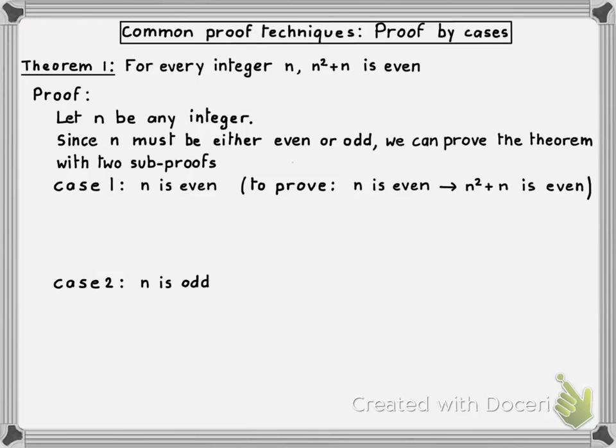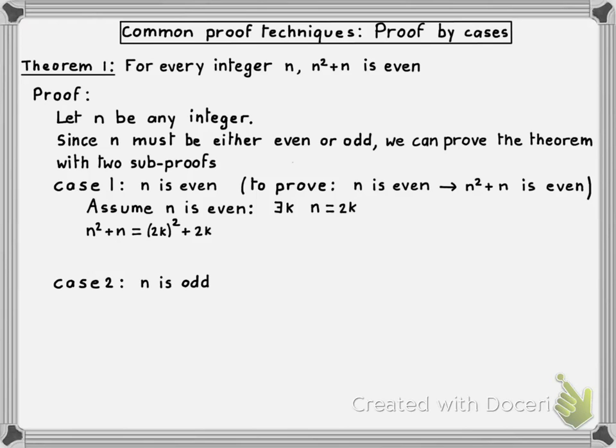If n is even, then there must exist an integer k such that n is written as 2 times k. That's the definition of being even. So now we can start from n being 2 times k and compute the value of the expression n squared plus n, since we're trying to prove that it's even. So n squared plus n is equal to what, given that n is equal to 2k?